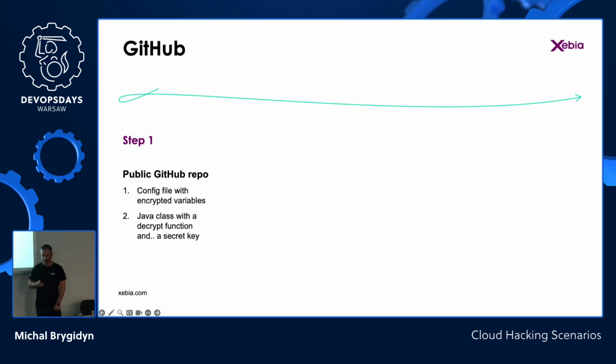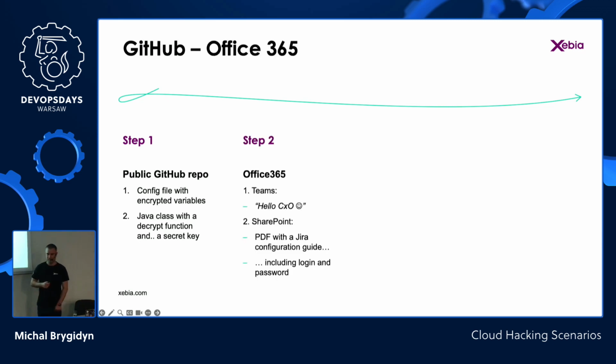Okay, interesting. And what's more interesting, the encryption key was hard-coded in the function. I'm not a Java guy, but hey, Google ran Java online, and I'm in. All values decrypted. So I found credentials for SMTP Office 365.com.